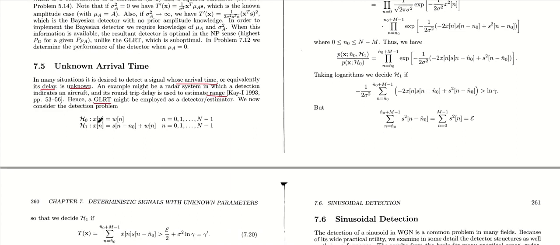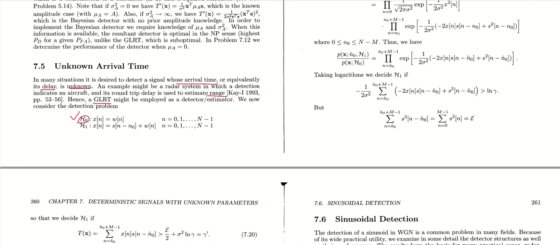We now consider this detection problem. If there is no target, which is H0, then your received signal Xn is equal to Wn, which is the noise only.